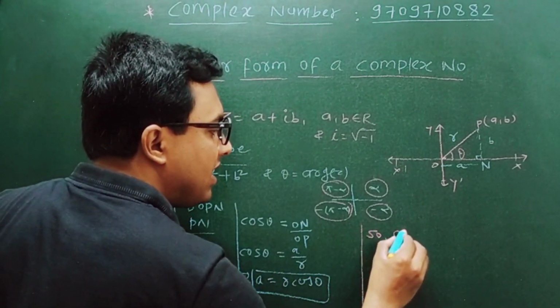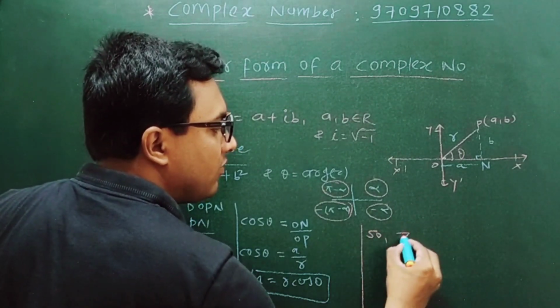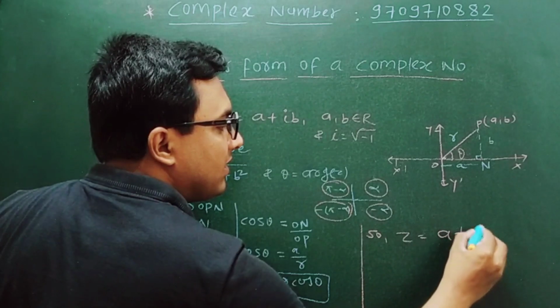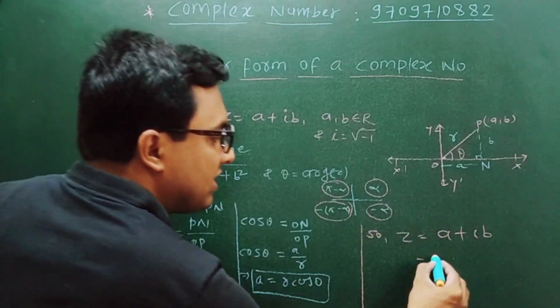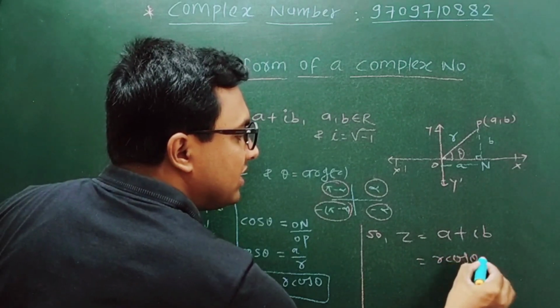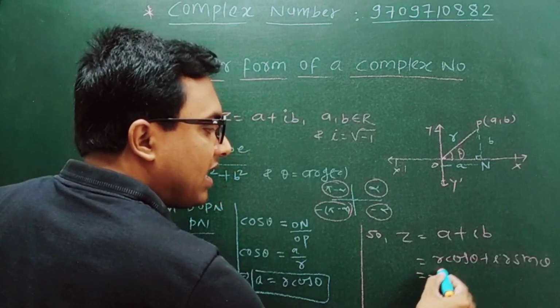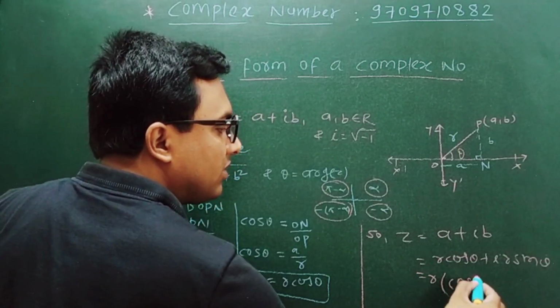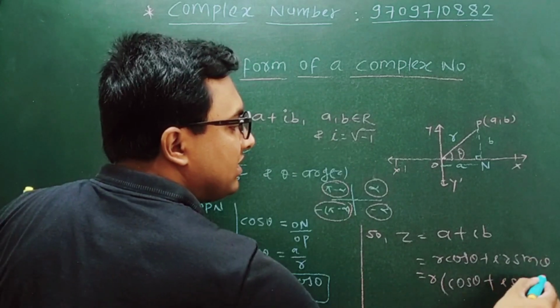So z is equal to a plus iota b, where the value of a is equal to r cos theta plus iota r sin theta. We take r as common: r times cos theta plus iota sin theta.